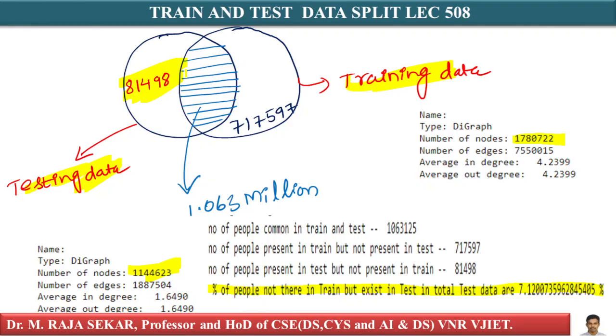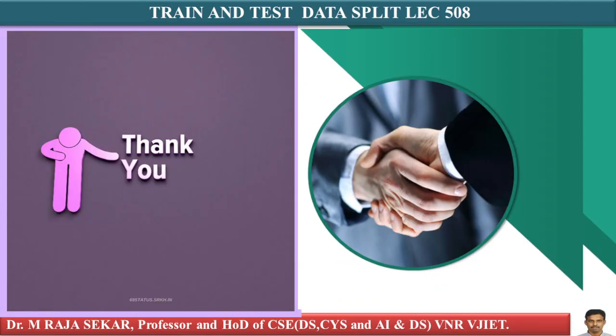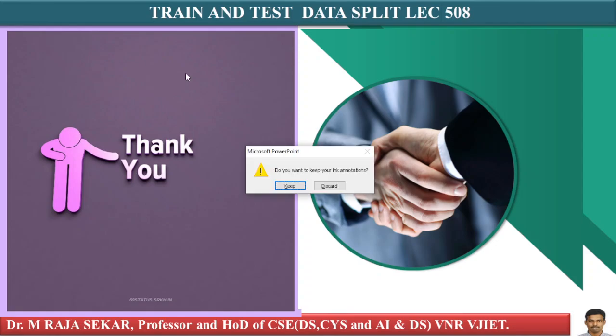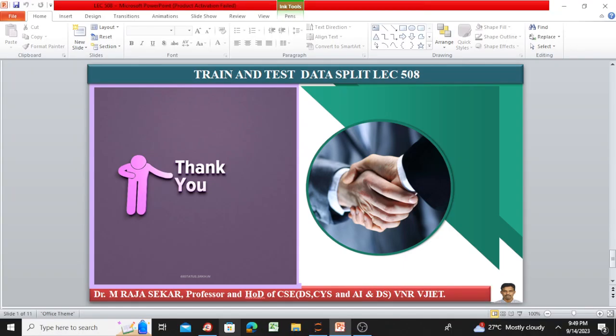We just tried to go through all the statistics. We will learn graph featurizations in the next lecture, which is a very exciting topic. I request all of you to refer to this particular IPython notebook.